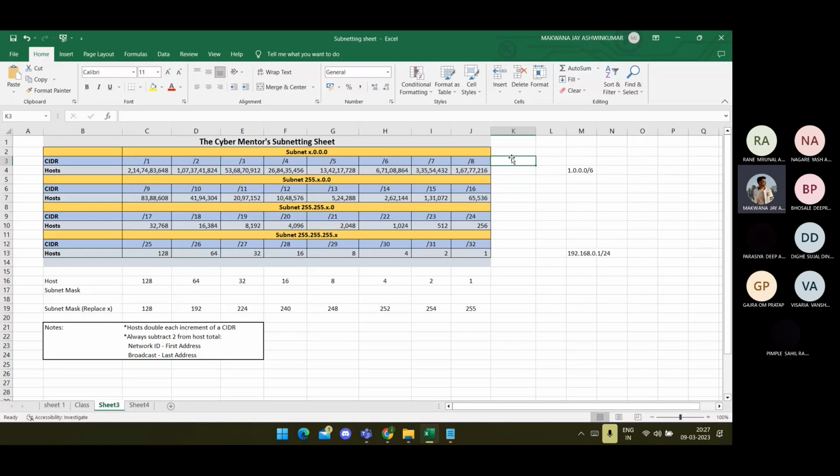From the next session, I request you all to make this session interactive because it is a very complex topic. This is all about numbers. Even I got confused in between. If you guys are interactive, then I will be in the flow and we can discuss how this subnet is going.